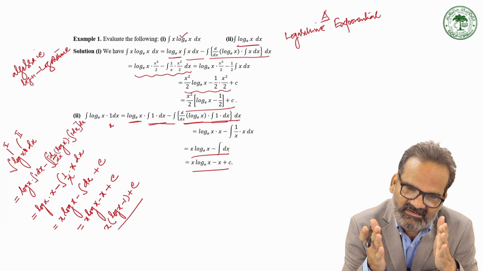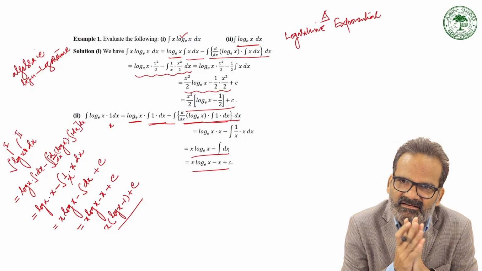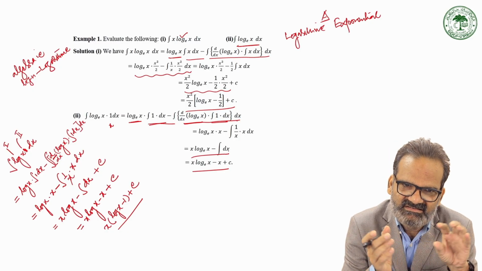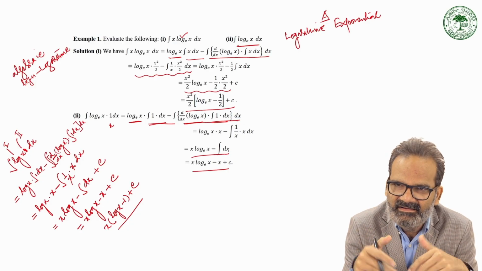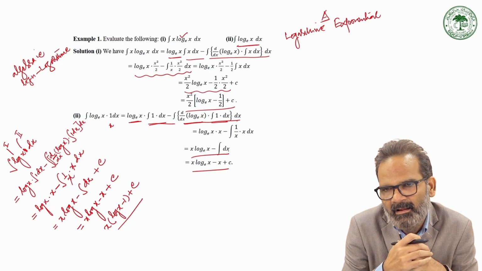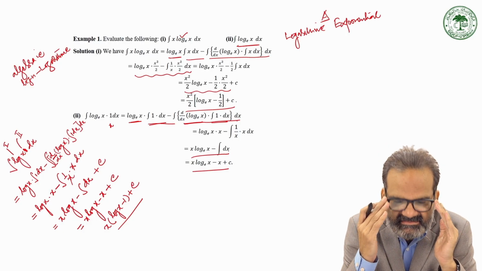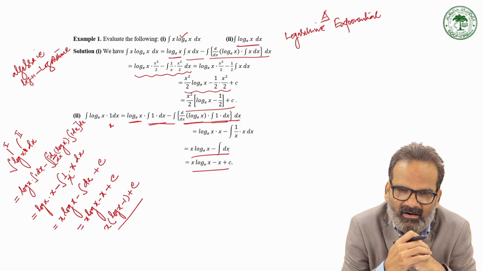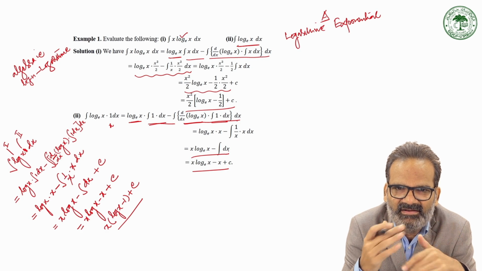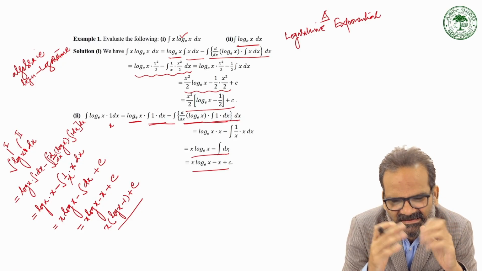And once the single function is multiplied by 1, we consider this as the product of two functions, the function itself and the 1, and then choose the first and second function as per the convention that we have already discussed, right? So this is how we can find the integral of various functions using the method of integration by parts.